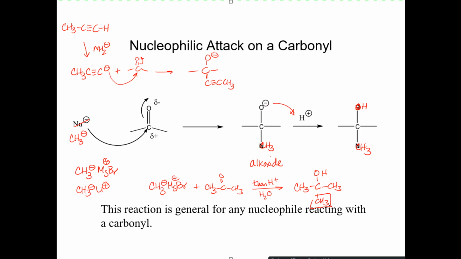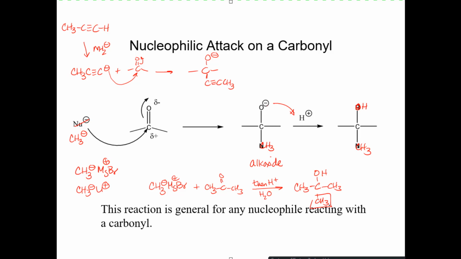Now, this reaction of reacting a nucleophile with a carbonyl is general, and we'll spend a good chunk of time this semester talking about that with all different types of carbonyls: carboxylic acids, aldehydes, esters, ketones, and other carboxylic acid derivatives.